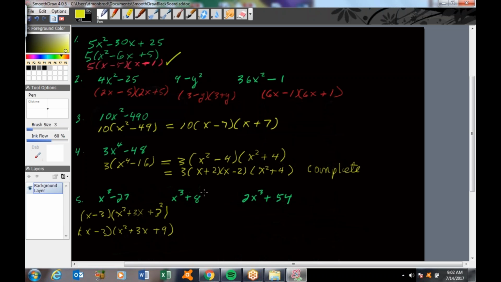Okay, the next one, identify this 8 we see is actually a 2 to the 3rd, isn't it? So the second problem, we'd have an x. This time, since it's a plus, we go with a plus 2. And then we put in the rest. We'd have an x squared, and we'd have a plus 4, because that's 2 squared.